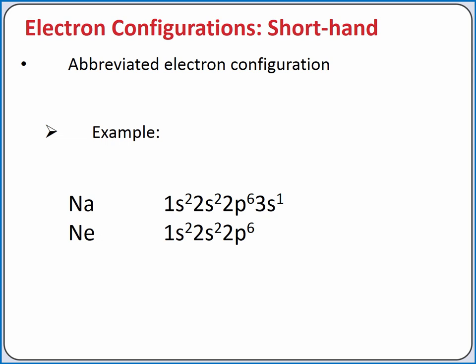The noble gas that precedes sodium is neon, whose electron configuration is 1s2, 2s2, 2p6. So we can also represent sodium as [Ne] 3s1, where the neon is the noble gas that precedes sodium, and it's in brackets.